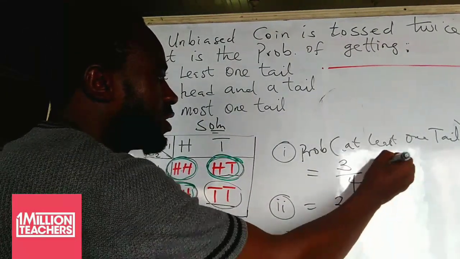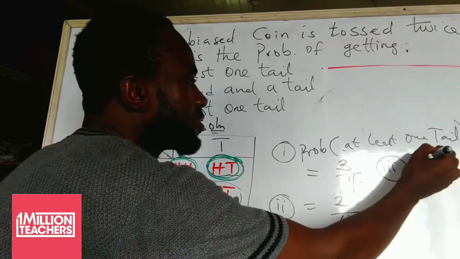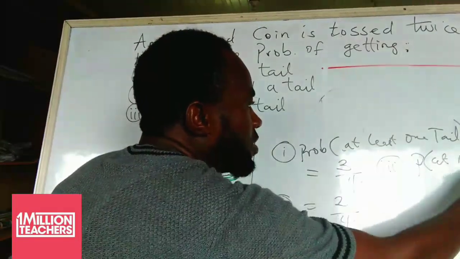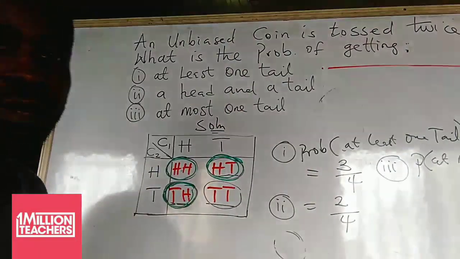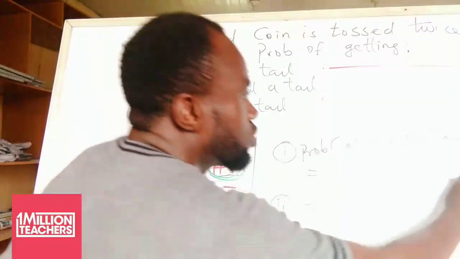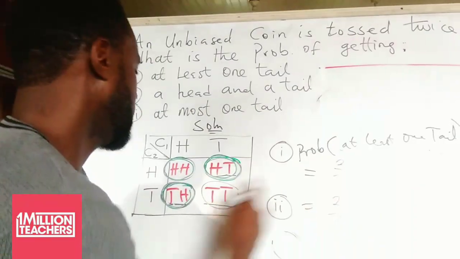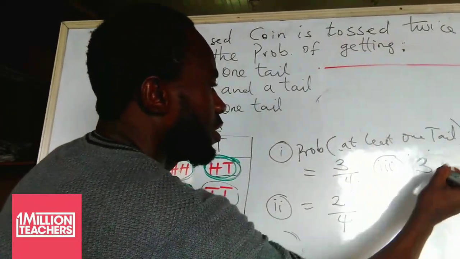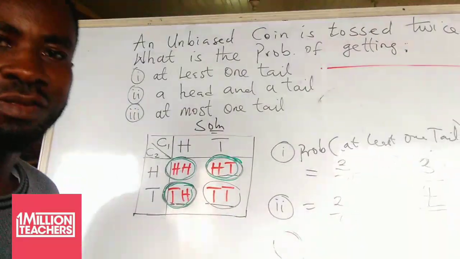So for our question 3, the probability of at most one tail, let me use T for tail, is going to give us 3 over 4, based on my explanation.